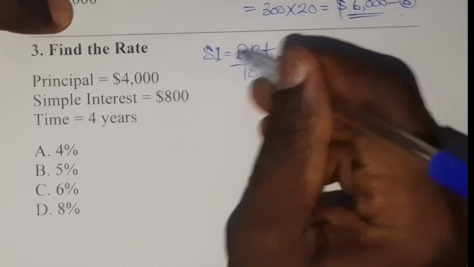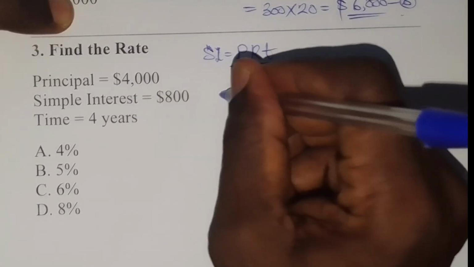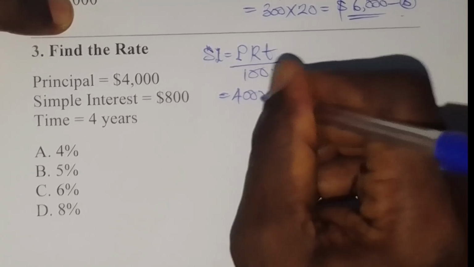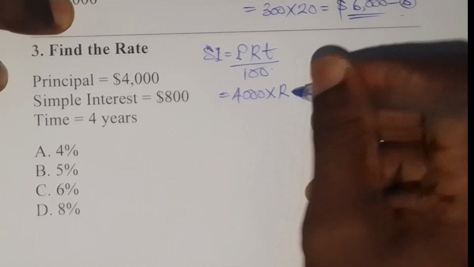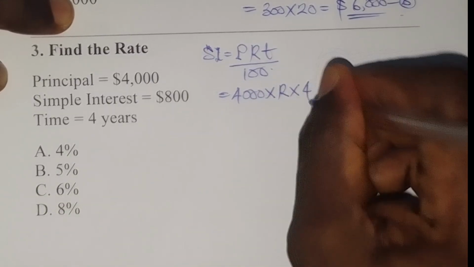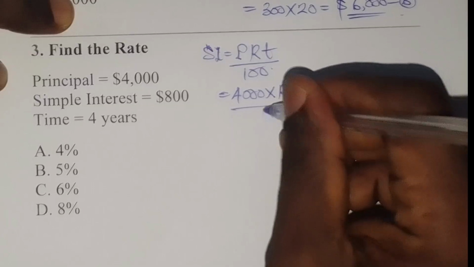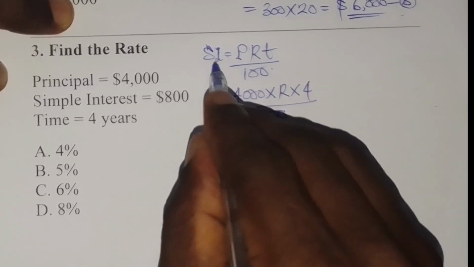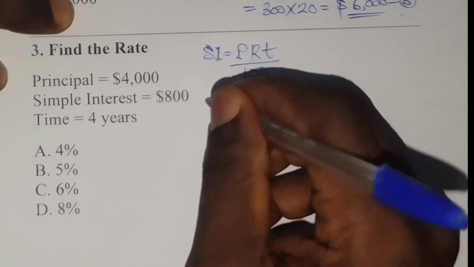Now let us fill in the information from the question. Our principal is $4,000. Rate is what we are looking for, times the time in years, which is 4, all over 100. So our simple interest is 800.